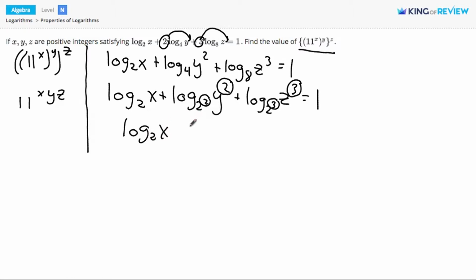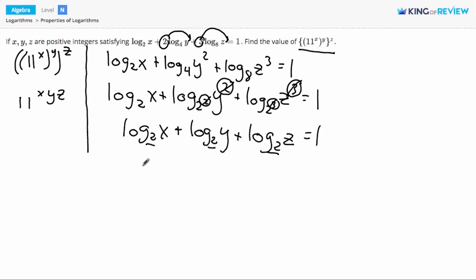The second log I can rewrite as just the log base 2 of just y, getting rid of the 2 squared. And in the third log, I can rewrite it as the log base 2 of z, getting rid of the 2 to the third power. And now I know that I have 3 logs, all with the same base, added together.